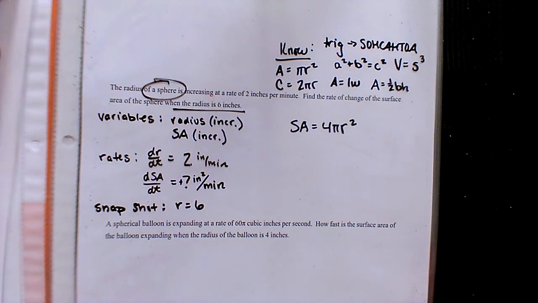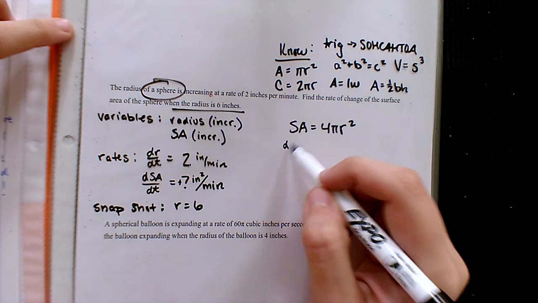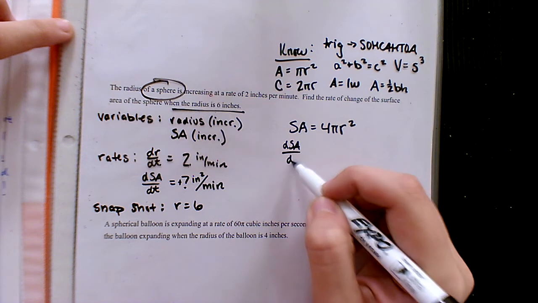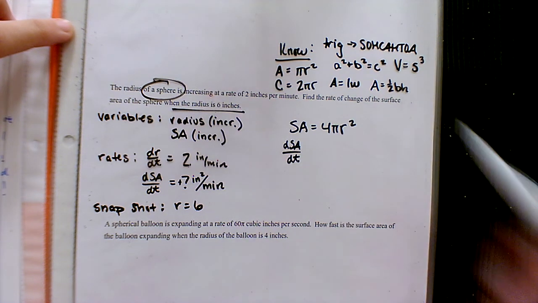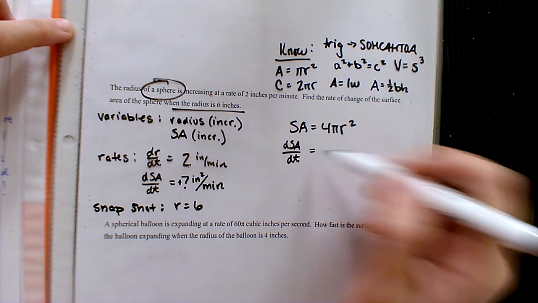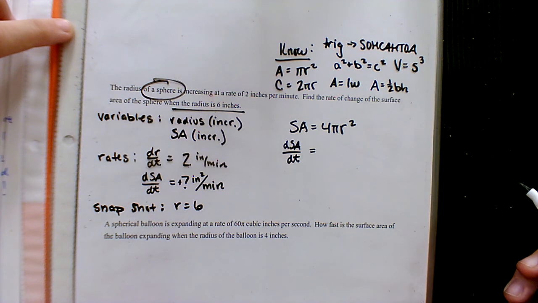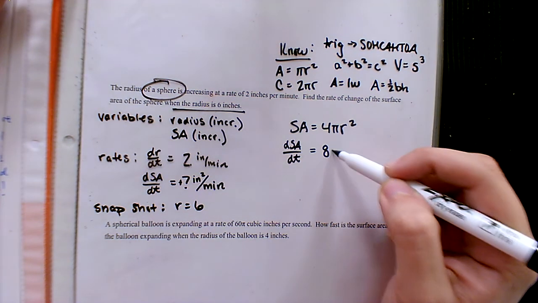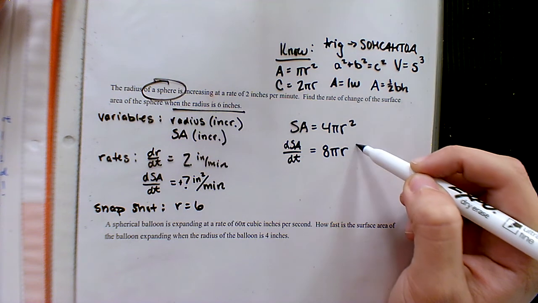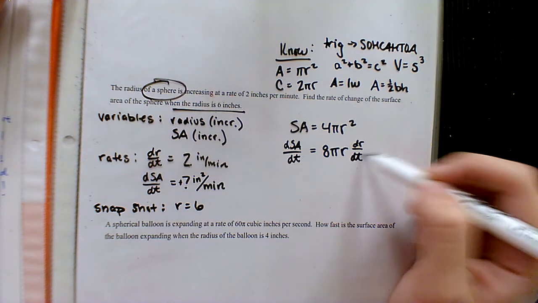So it looks like we're good to go. Let's go ahead and find our derivative. We'll have dSA over dt equals, if we take the derivative of r on the right hand side, 8 pi r dr over dt.